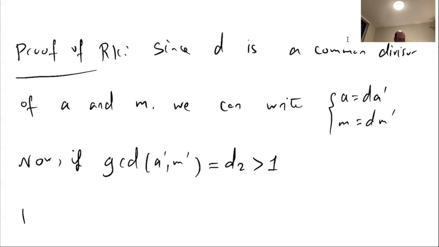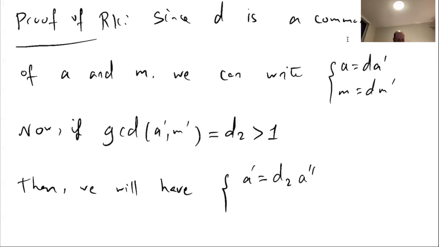Then what can I say? Then we will have A equals D. Now, A prime, I can write it as D2 times A double prime. And M prime, I can write it as D2 times M double prime, right?